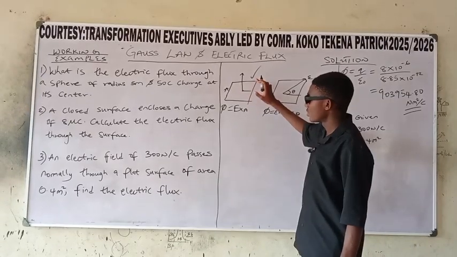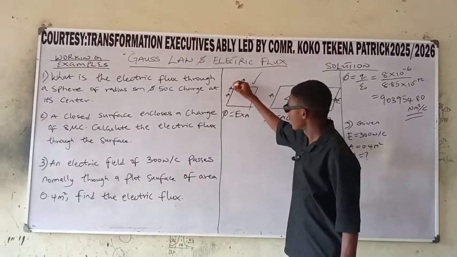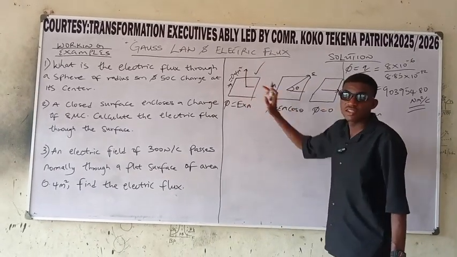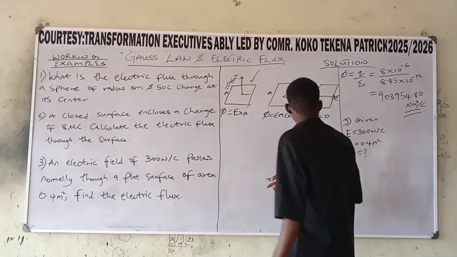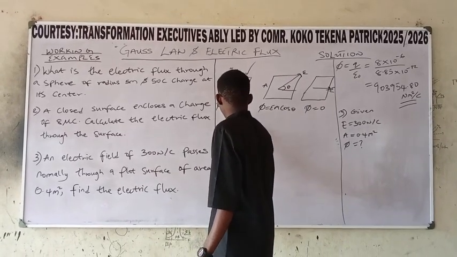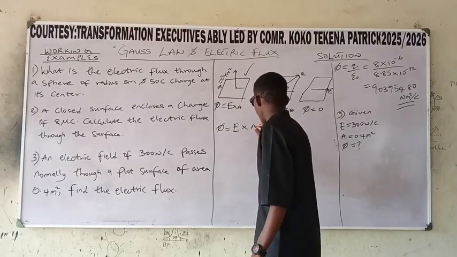It passes normally and the surface has an area of 0.4 meters square. So this is case 1, meaning what formula of flux are we going to use? Our flux is equal to E, which stands for electric field, times area.